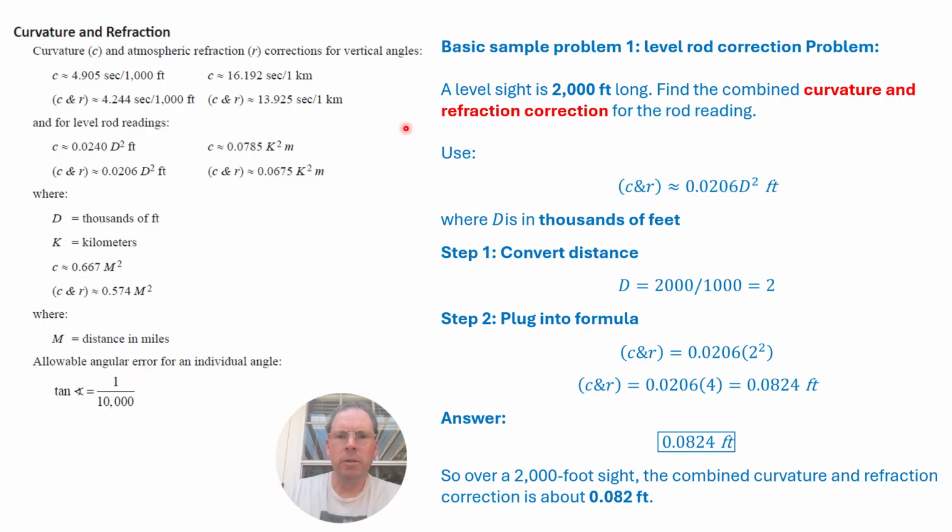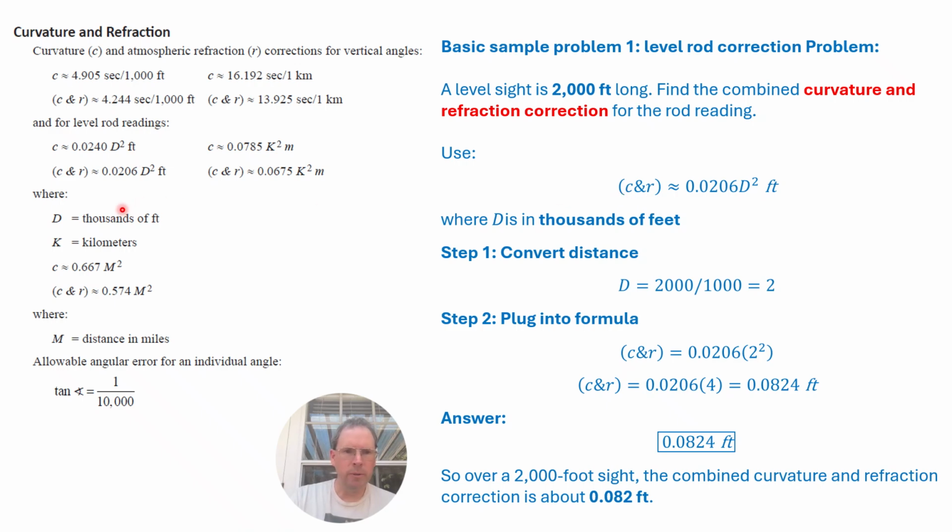This would be a basic level rod correction problem. A level sight is 2,000 feet long. Find the combined curvature and refraction correction for the rod reading. Since we're finding the curvature and the refraction, I went ahead and pulled this equation right here. It's got the C and the R in there.